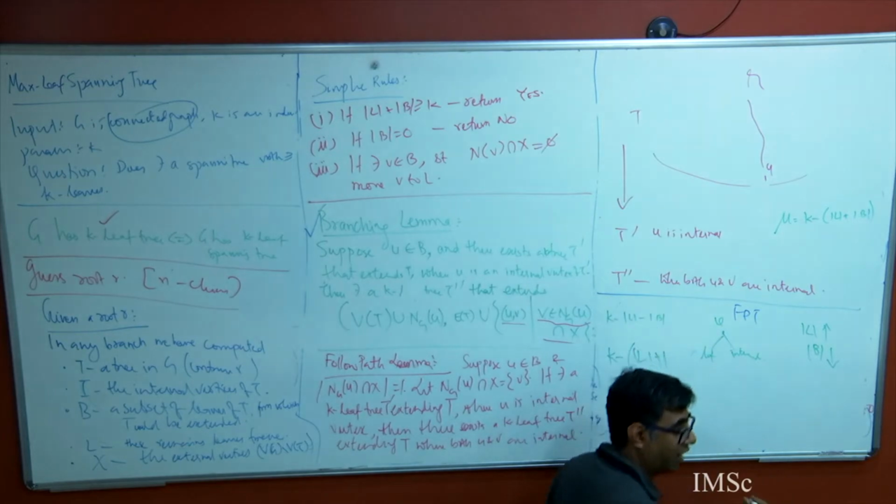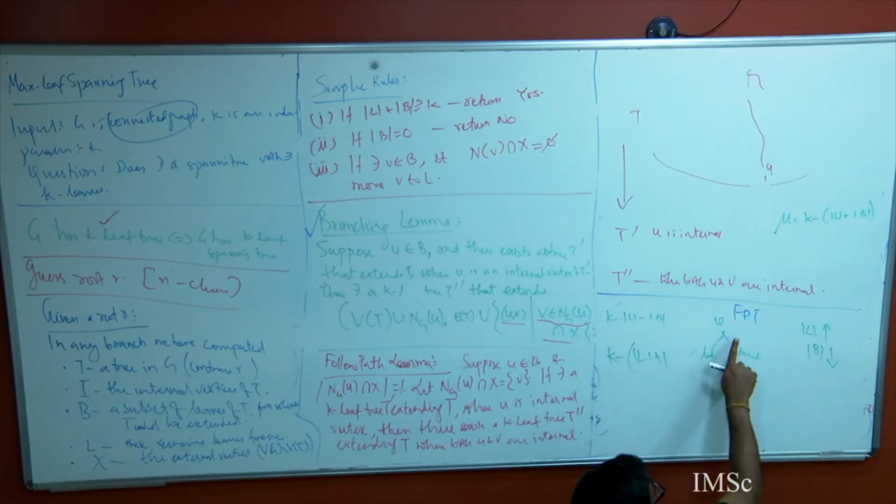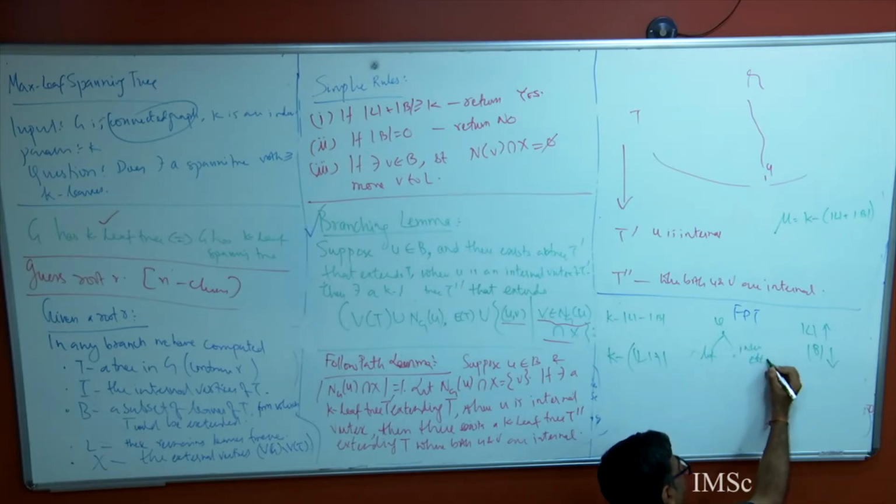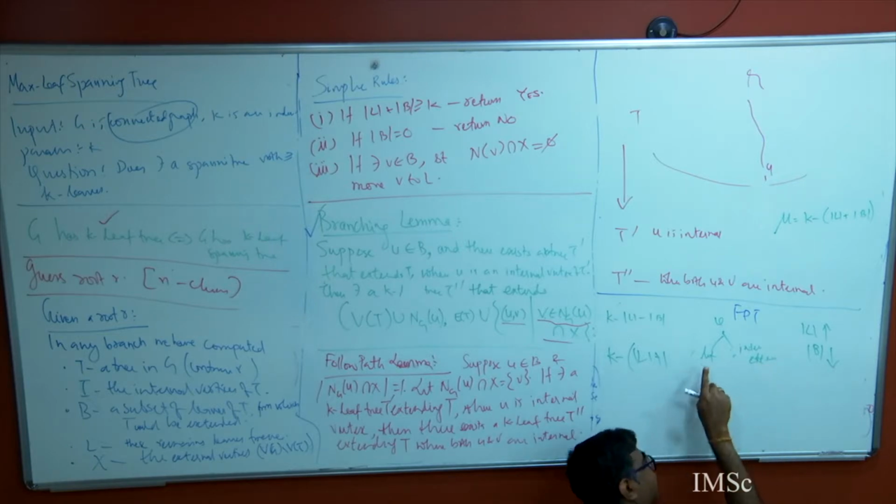My algorithm picks a vertex in B and decides whether I put it in the leaf or I try to extend, leaf or internal, internal means extend. We will come to this branch later, first let us fix this branch.